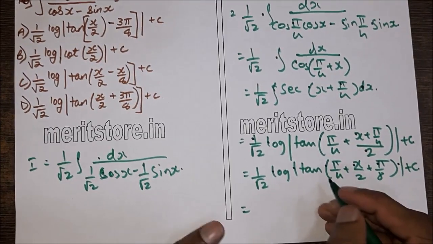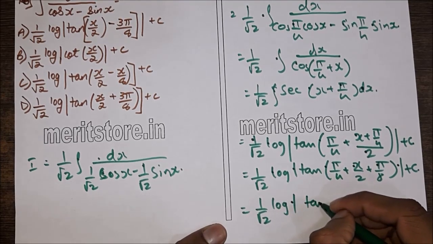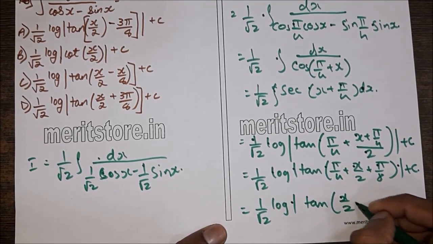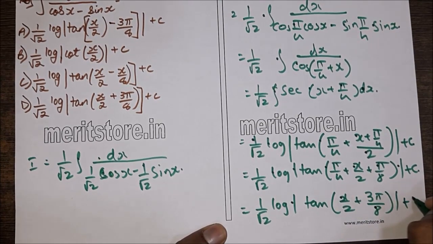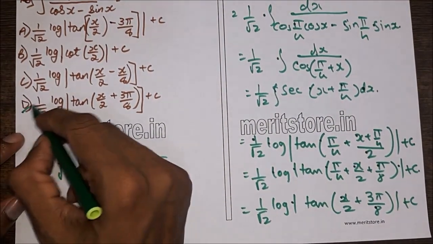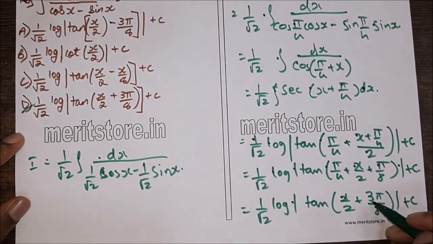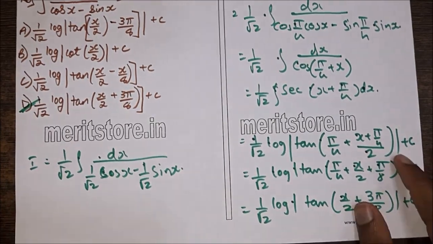For solving this, we can write this as 1 by root 2 log mod tan (x by 2 plus 3 pi by 8) mod plus c. Our answer matches with option D. Therefore, 1 by root 2 log tan (x by 2 plus 3 pi by 8) plus c. Therefore, option D is the correct answer.